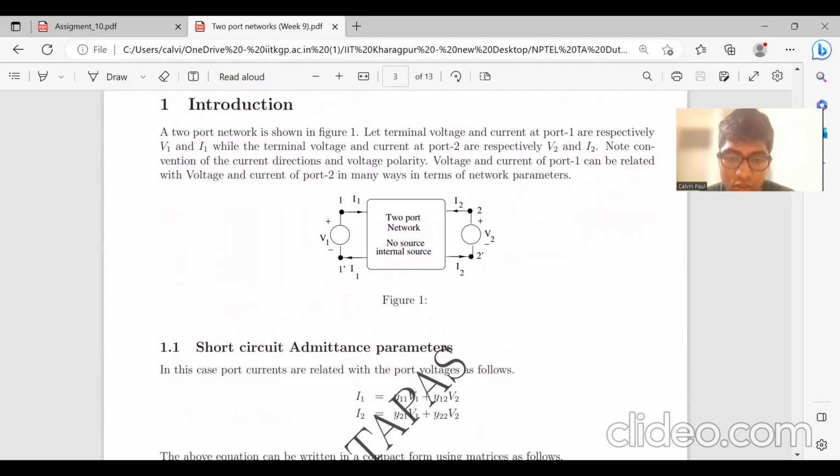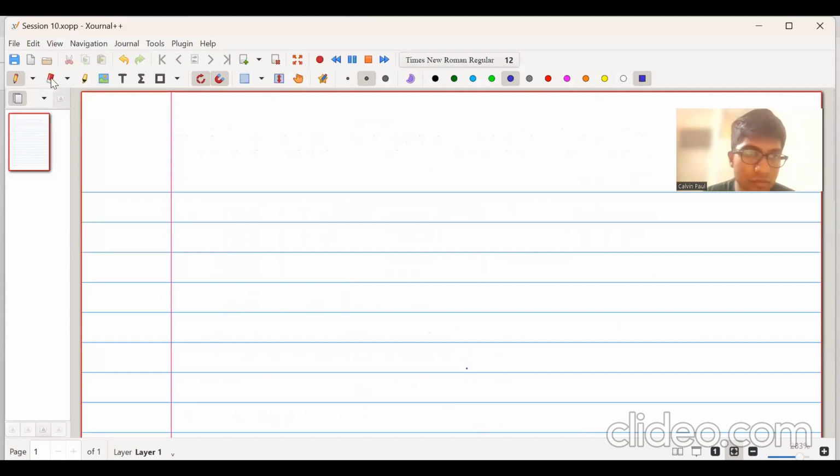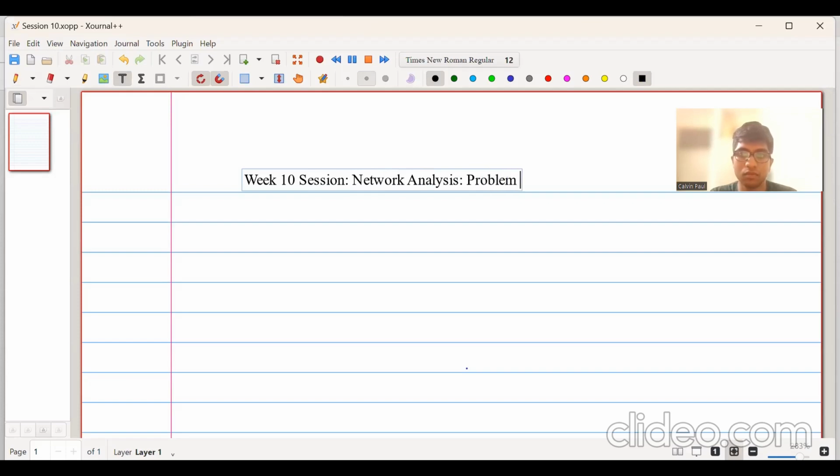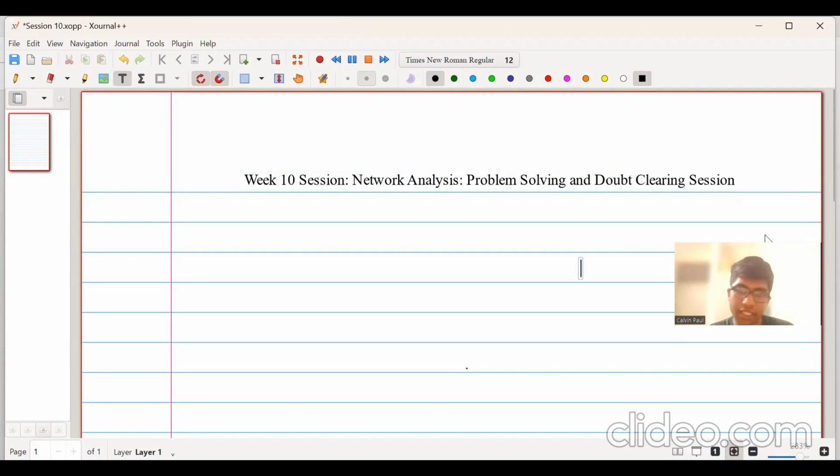So let us draw a two-port network. This is the weekend session of network analysis, which is a problem solving and calculating session.